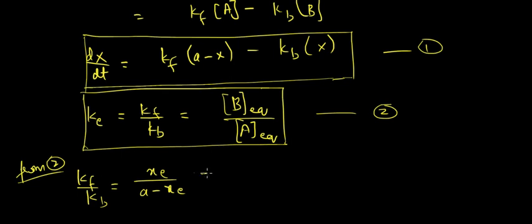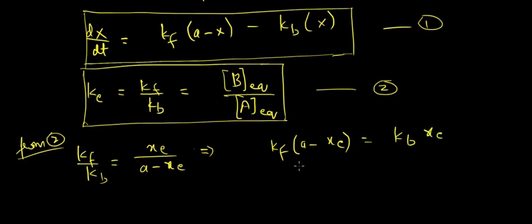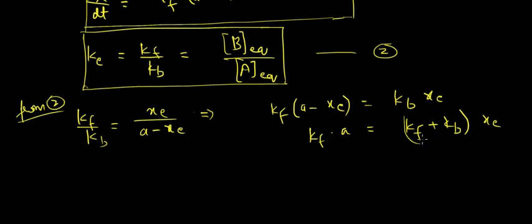Just simplifying it, we will be getting kf times a minus xe would be equal to kb times xe. So from here we can write that kf times a would be equal to kf plus kb times xe. So kf plus kb would be equal to kf times a divided by xe.